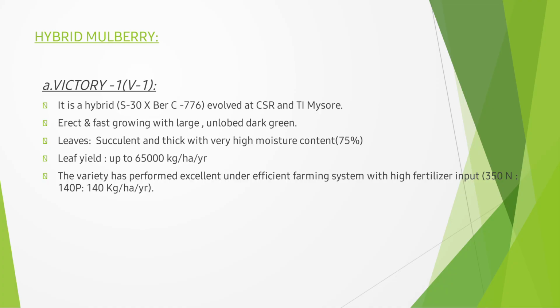It is erect and fast growing with large, unlobed, dark green leaves. The leaves are succulent and thick with very high moisture content. Leaf yield is up to 65,000 kg per hectare per year. The variety performs excellently under an efficient farming system with high fertilizer input, 350 nitrogen, 140 phosphate, 140 potassium kilograms per hectare per year.